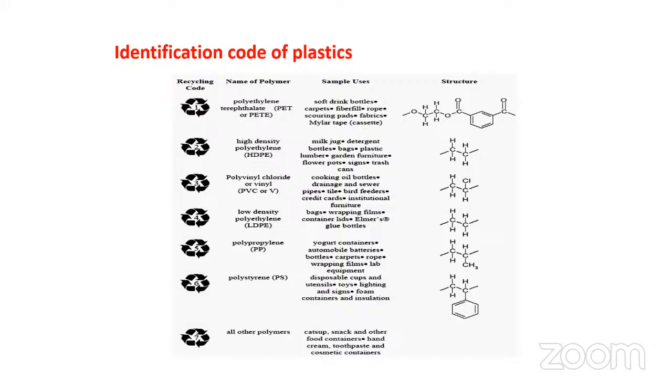These are the identification codes for your plastic materials, or you can say commonly used plastic materials. By seeing this number on a plastic container or plastic article, you will identify the type of plastic.